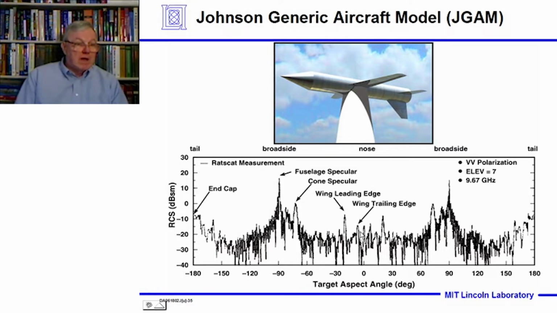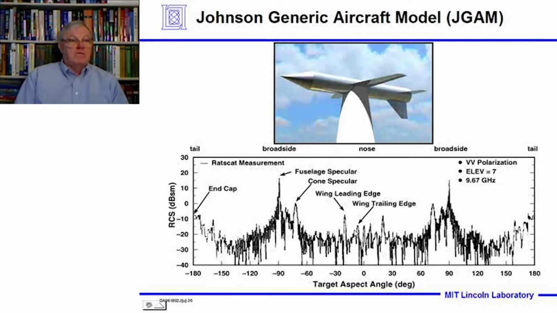So as we move off 0 degrees, the first angle that hits us is this trailing edge of the wing, believe it or not, okay? And right in there is 0, and the first bump we see is the wing trailing edge.